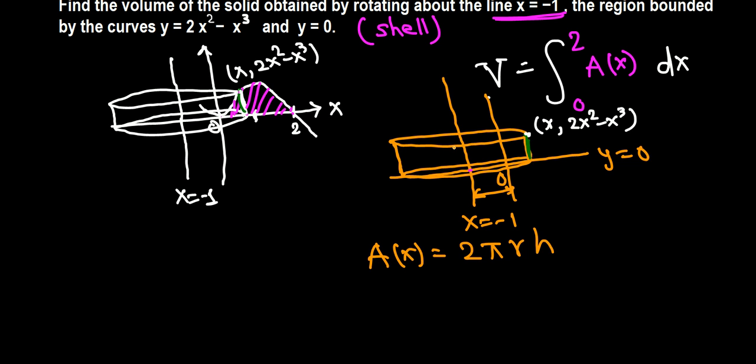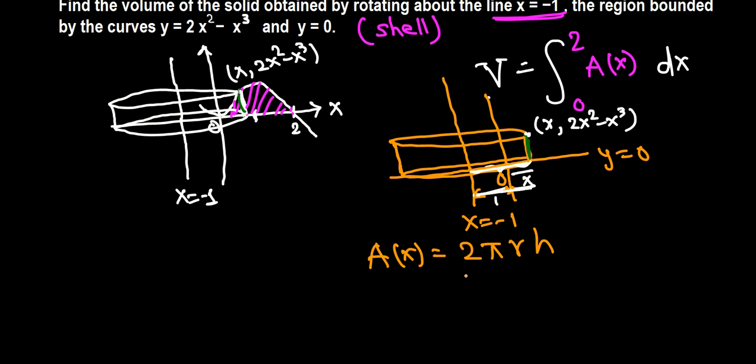We are trying to find the radius, the distance from the axis of rotation to this point. We know this is x, this is x, and this is y. Y is given by 2x squared minus x cubed. Here to here is always fixed at 1. So this is 1, and here x, so the radius is 1 plus x.